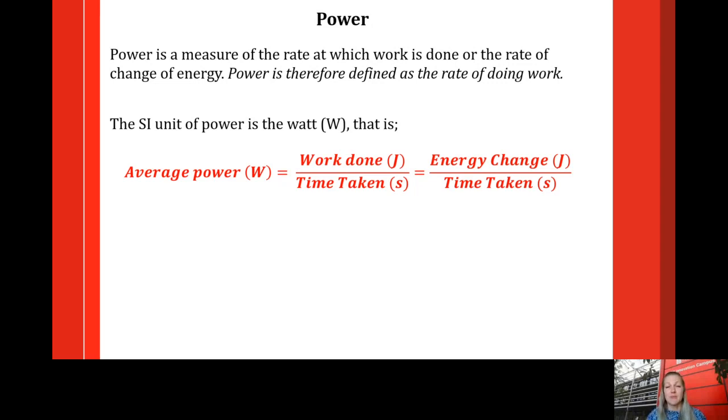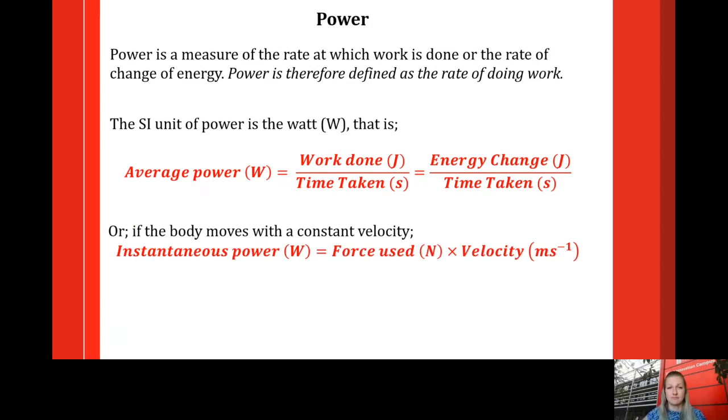That is the average power over the work done. When we have a constant velocity, we can use this to work out our instantaneous power. This is really helpful later in this video. So for our instantaneous power, we have our force used times the velocity. Remember, guys, that our power is measured in watts.